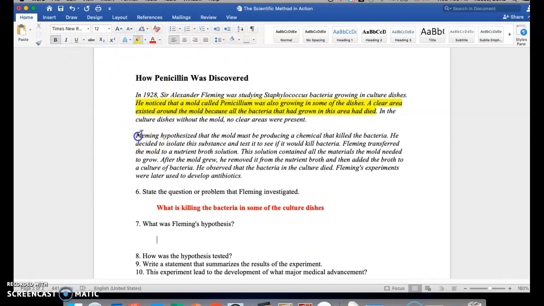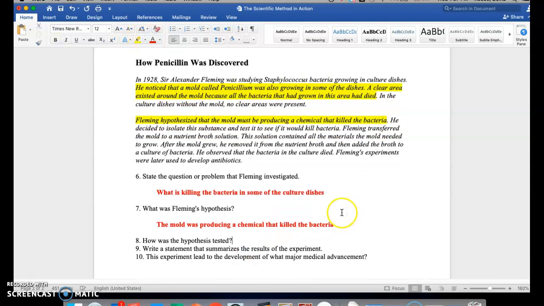Again, if we elaborate, Fleming hypothesized the mold must be producing a chemical that killed the bacteria. How do you think he tested that?